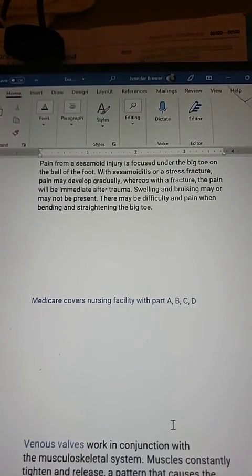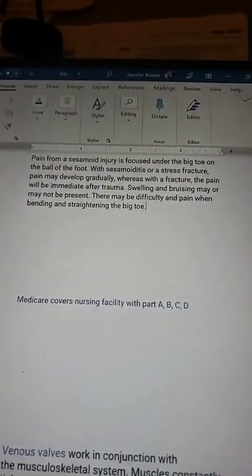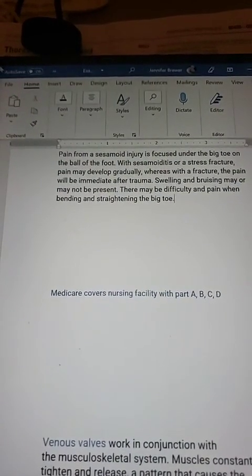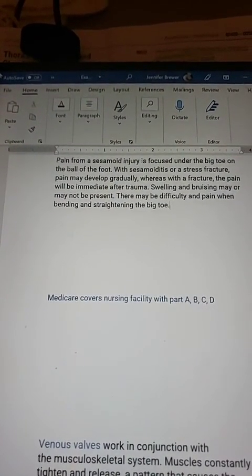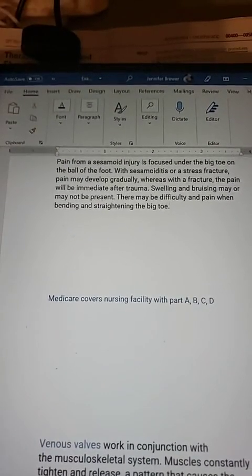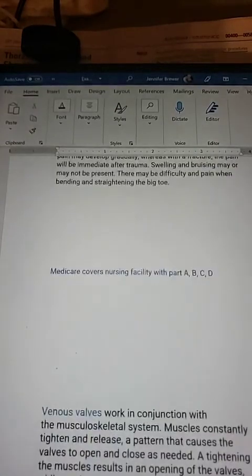Any white spaces you find in the beginning of this book would be real helpful to write out the list, anything before the red. And one of her questions was our famous one about which part of Medicare pays for nursing facilities. And we know it's Part A.